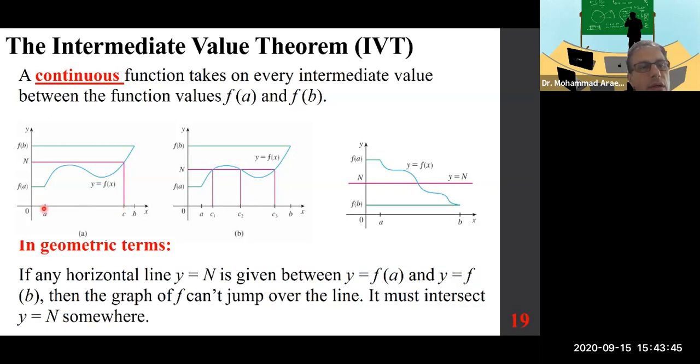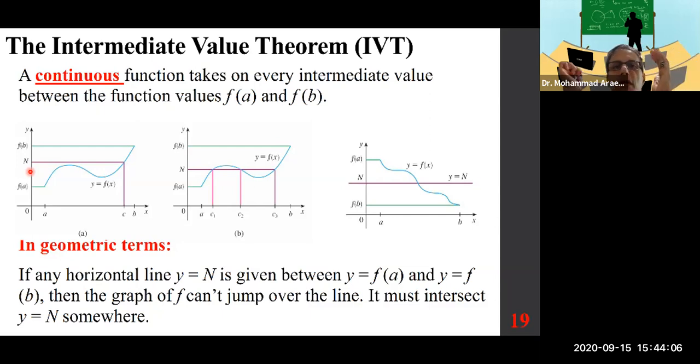Now, for A, we have f of A. For B, we have f of B. So it better cover everything from f of A to f of B along the y-axis. That's really the meaning of it. So the key word is continuity. This works only if it's continuous.